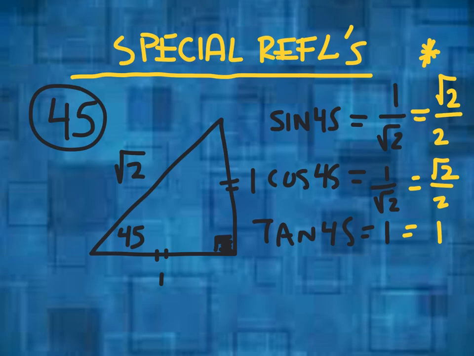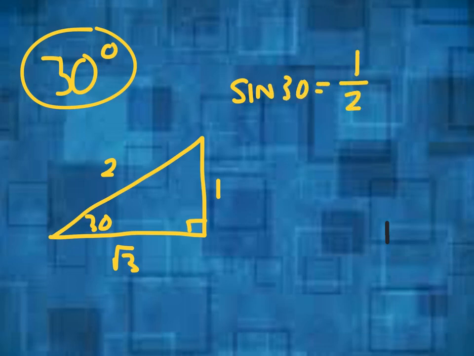Let's look at the next special reference angle. The 30-degree reference angle will be next. Let's use the numbers of 1 for our short leg, times 2 would be 2, and then times root 3 would be root 3. So if we were doing these, the sine of 30 degrees would be 1 over 2. Cosine of 30 would be the adjacent, root 3 over 2.